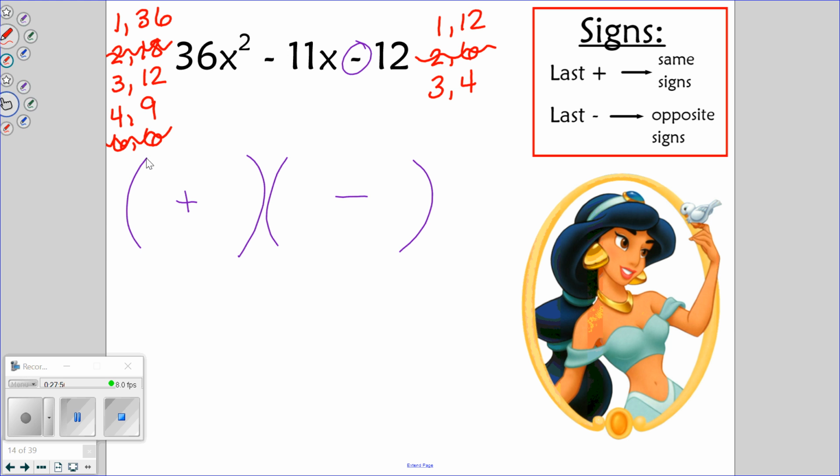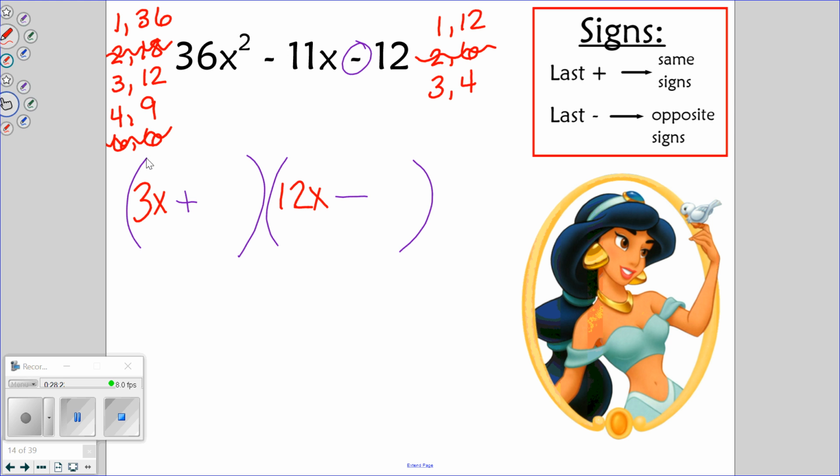Again, if you know the right answer, I'm going to ask you not to say it. 3 and 12? So 3x and 12x. 1 and 12 or 3 and 4? You're starting to notice something, aren't you?